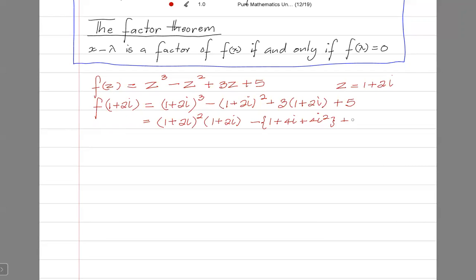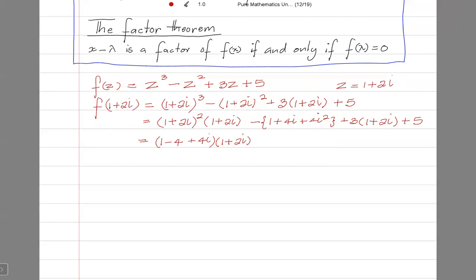Plus 3 into (1 plus 2i), and you have got to be patient, plus 5. And what we are trying to do is to see if this is going to work out to be 0. We just squared 1 plus 2i, so this is 1 minus 4 plus 4i. Any objections? Multiplied by 1 plus 2i. Any objection to the first part?